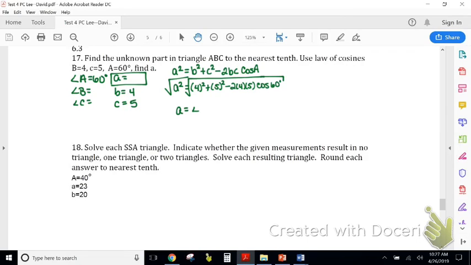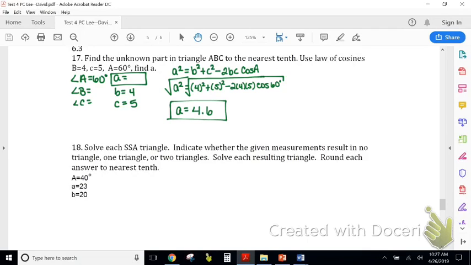All right, and so we got 4.6 for side A, and it didn't have any units up there, so there's our solution. Can we leave it as a square root? What was it, square root of 21? No, you can't, because it says to the nearest tenth. That is exact, but the directions tell us to round to the nearest tenth.